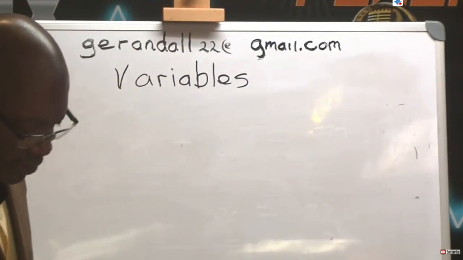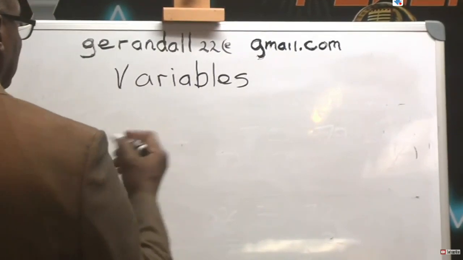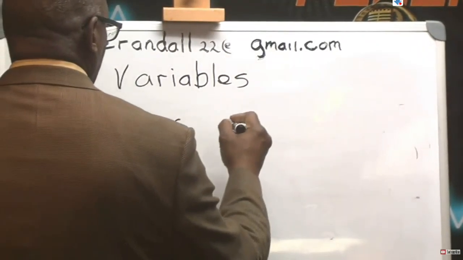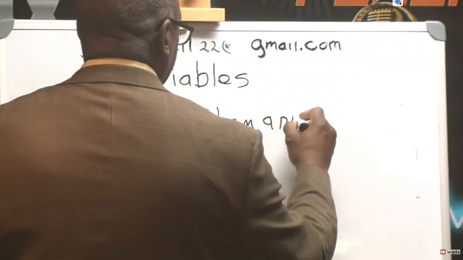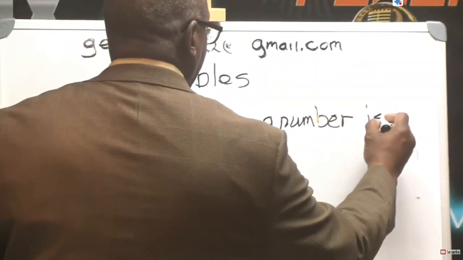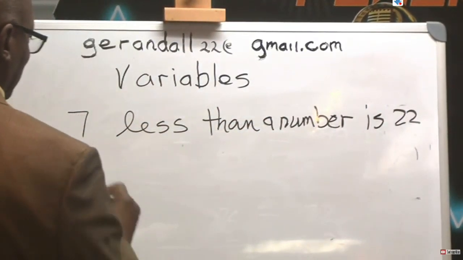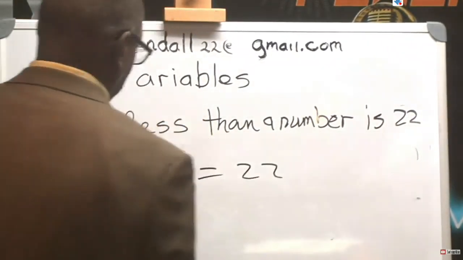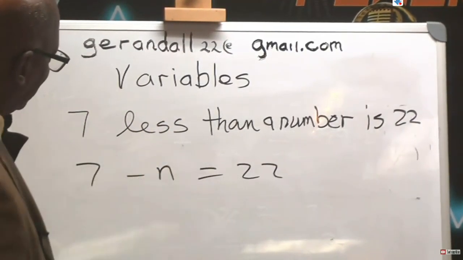And another problem, it says 7 less than n is 22. So 7 less than a number is 22. So what comes first? Is it 7 n equals 22? Does that say 7 less than a number?